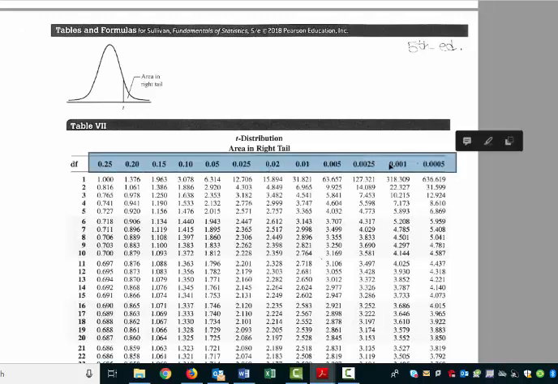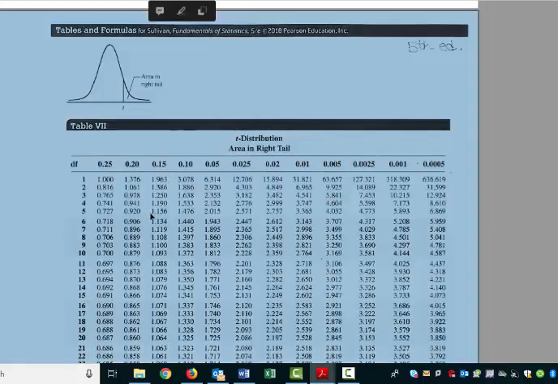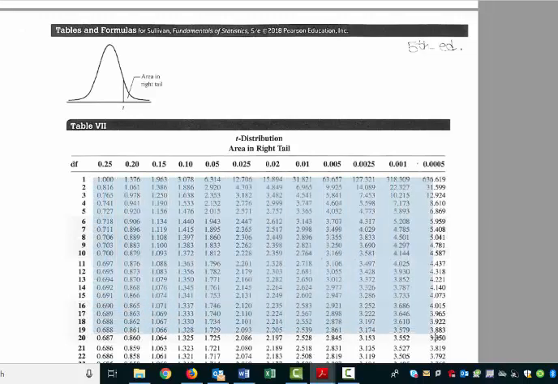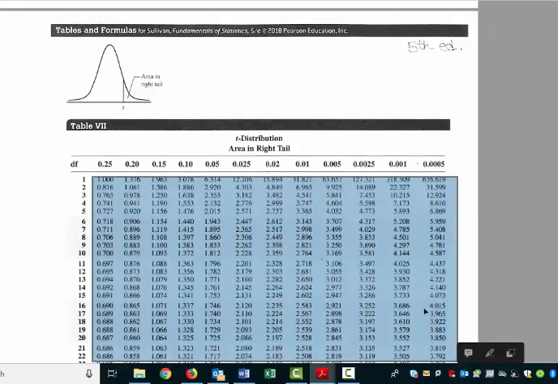And notice you don't have very many. In the Z chart, the inside of the chart was all of your areas. So we don't have nearly as many areas. And the other different thing is all these numbers right here are your T values. So it's totally backwards from the Z chart.